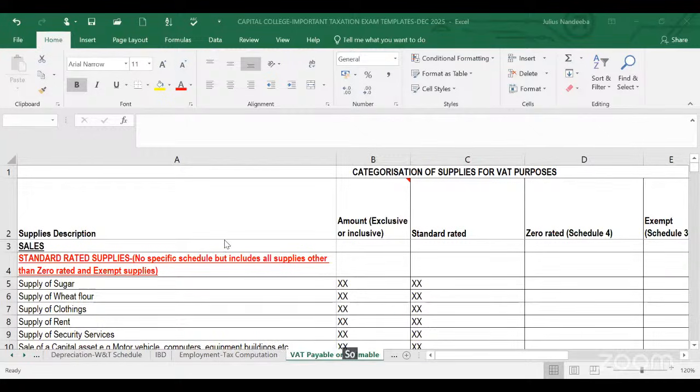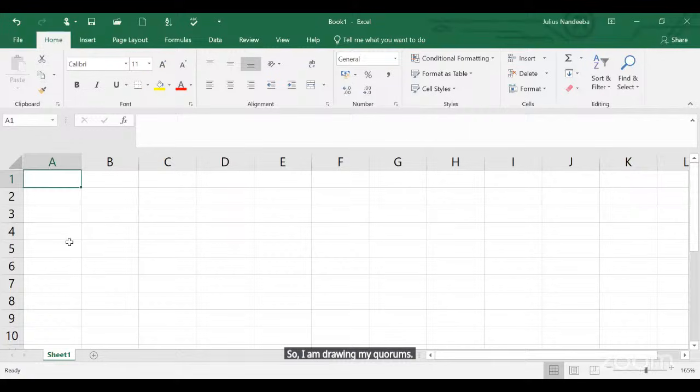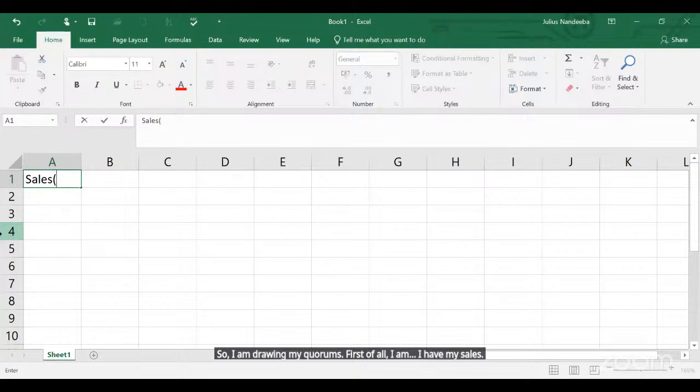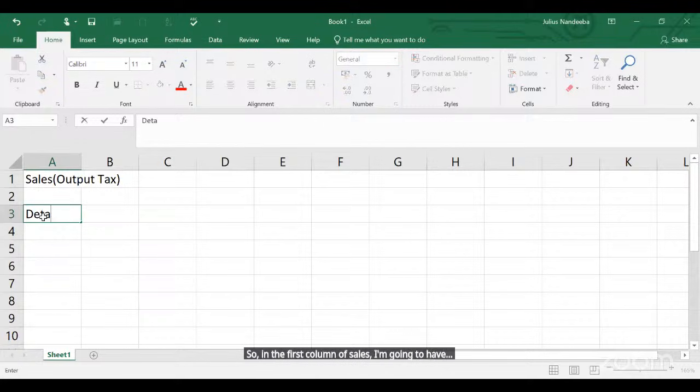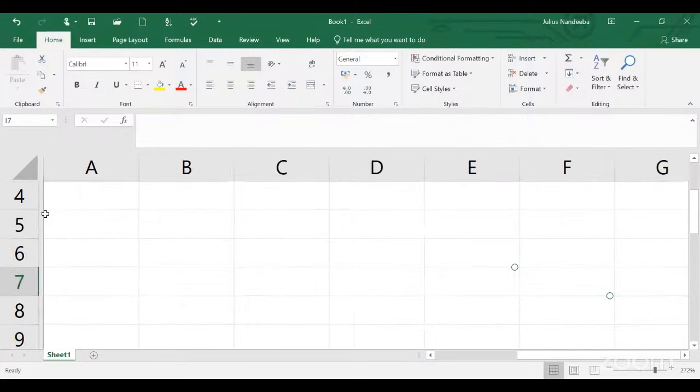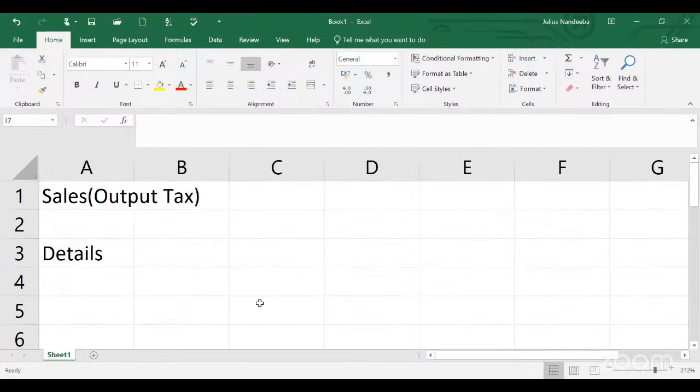So I am drawing my columns. First of all, I have my cells. And this is where I'm looking for my output tax. So in the first column of cells, I'm going to have my details. I hope my screen is visible. The second one, I will have tax treatment.